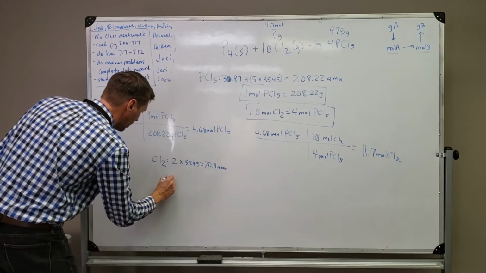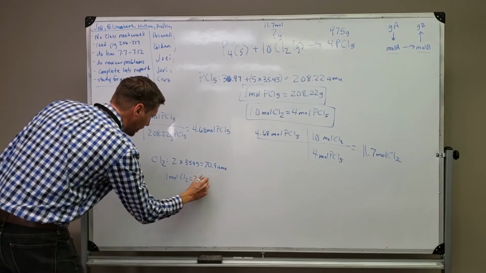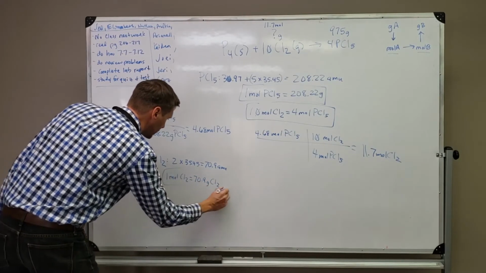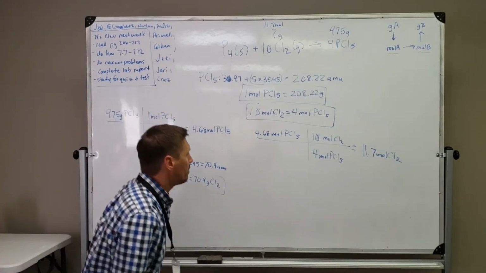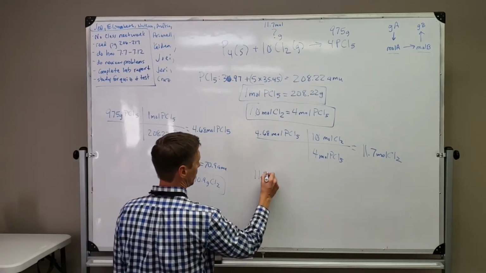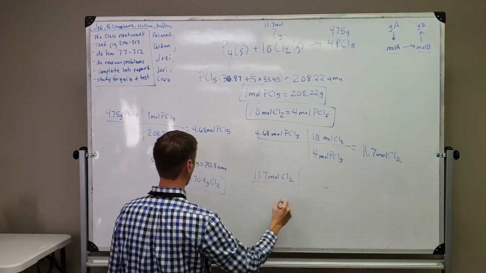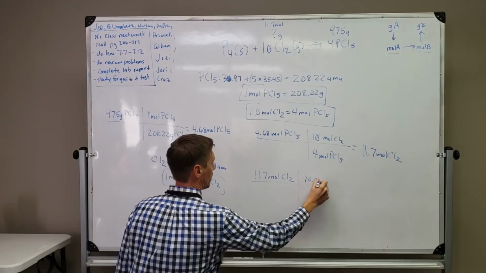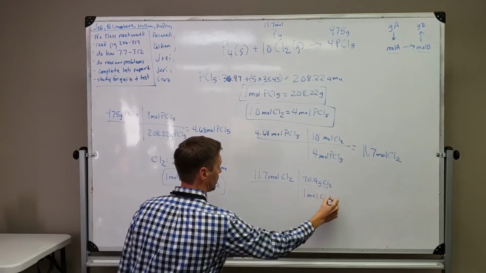So that tells me that 1 mole of Cl2 is equal to 70.9 grams of Cl2. So that's the last conversion relationship that I need. And so now I can convert 11.7 moles of Cl2 to grams using this relationship, 70.9 grams of Cl2 over 1 mole of Cl2.